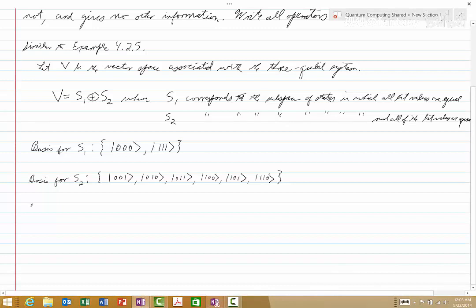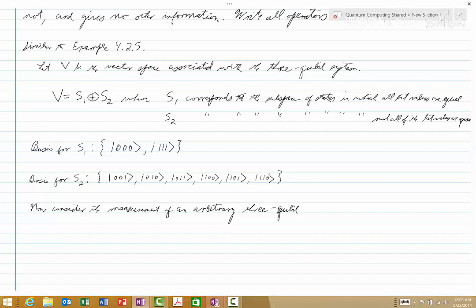Now let's consider the measurement of an arbitrary 3-qubit state.